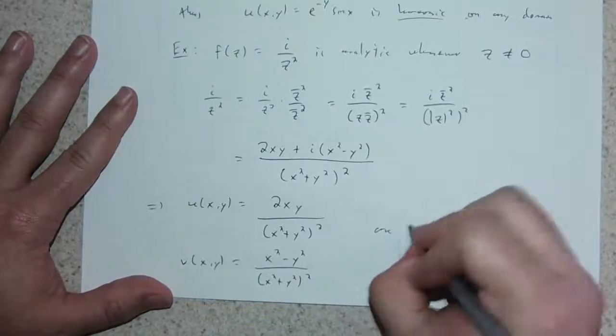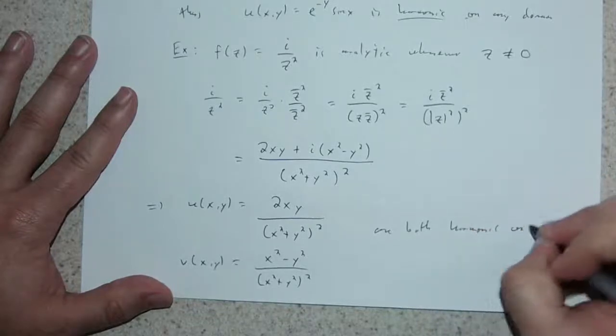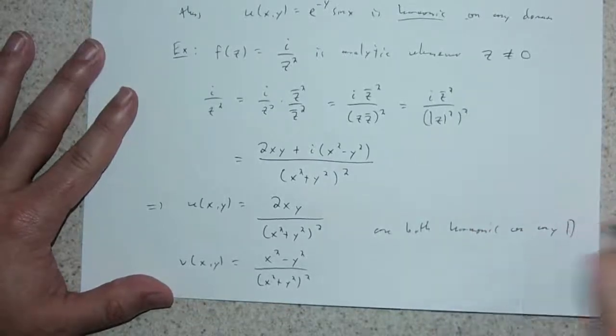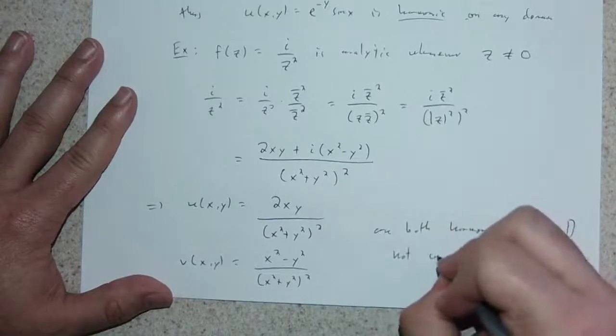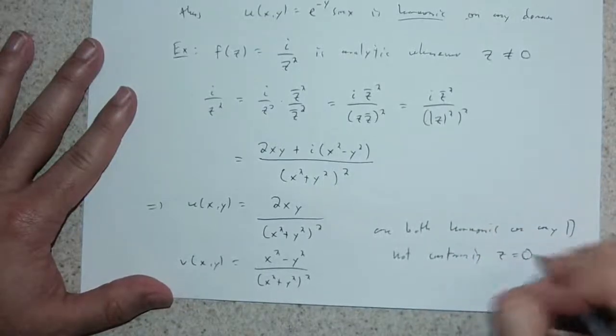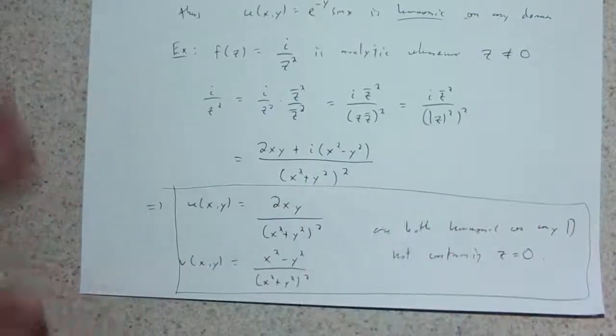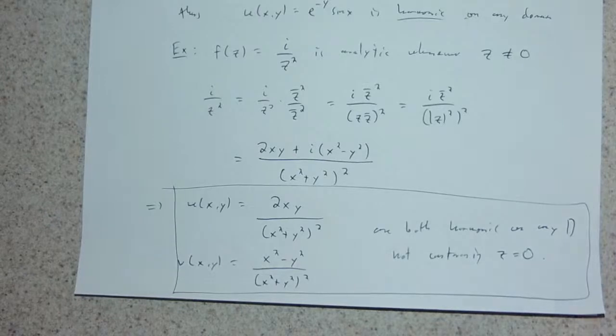So these are both harmonic on any D not containing 0. All right, so for any domain D that doesn't contain the origin, these things are harmonic.